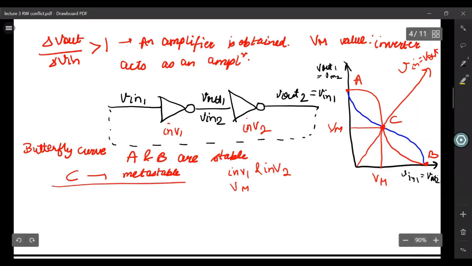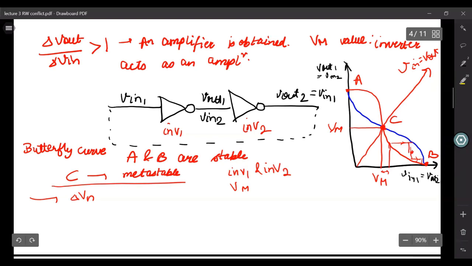Why? If we introduce any noise, let's say delta Vn, at this point, I mean, let us say that somehow we are able to bias our cross-coupled inverter pair at point C, and now we apply some noise. Because of the positive feedback that we have, it pushes the system towards some stable state.